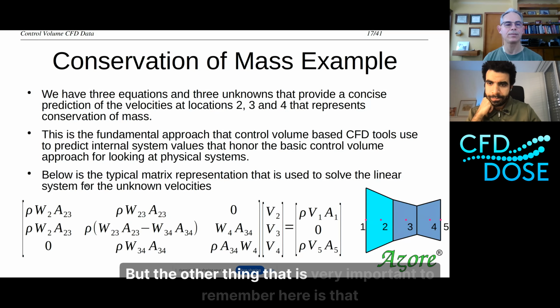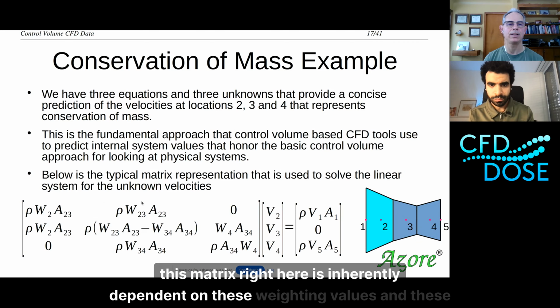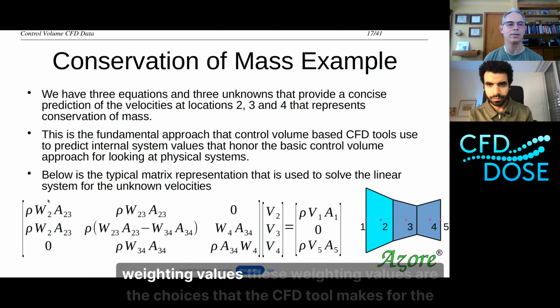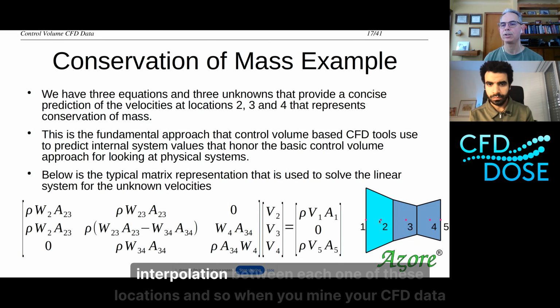But the other thing that is very important to remember here is that this matrix right here is inherently dependent on these weighting values. And these weighting values are the choices that the CFD tool makes for the interpolation between each one of these locations.